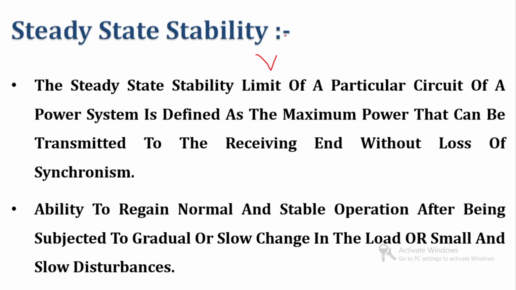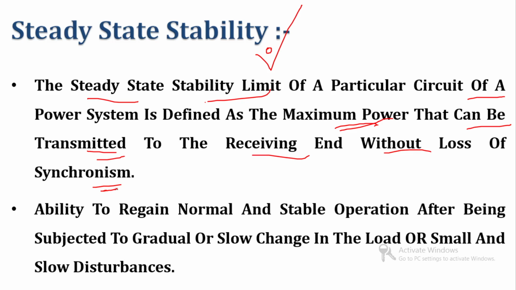Now let's talk about one of the most important topics, that is steady state stability. We already know the definition of steady state stability. The steady state stability limit of a particular circuit of a power system is defined as the maximum power that can be transmitted to the receiving end without loss of synchronism. It's known as the steady state stability limit.